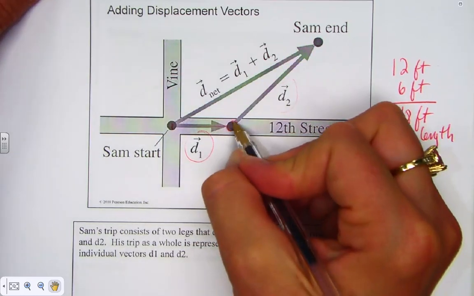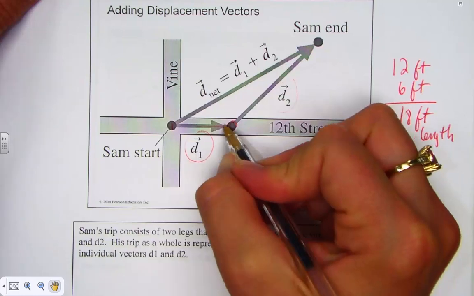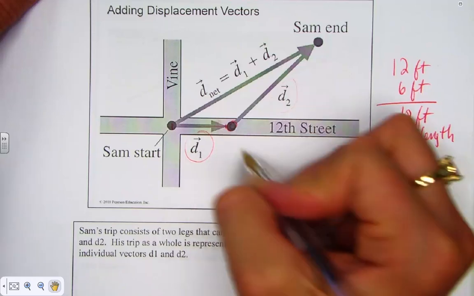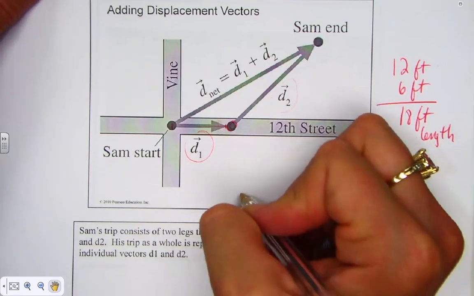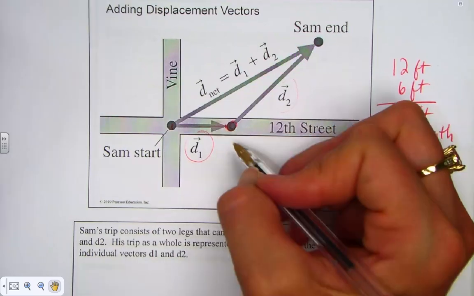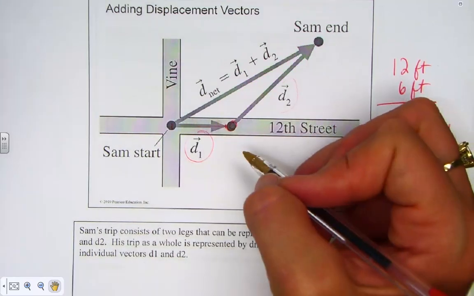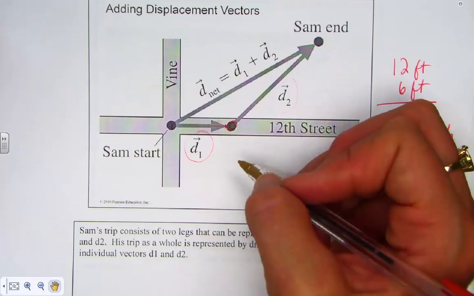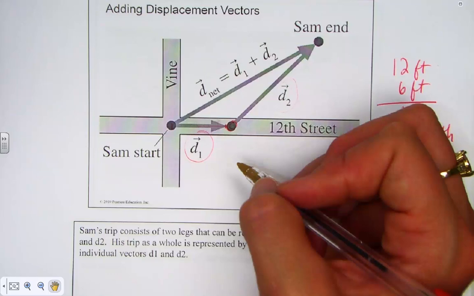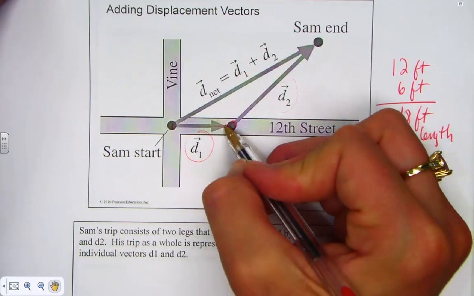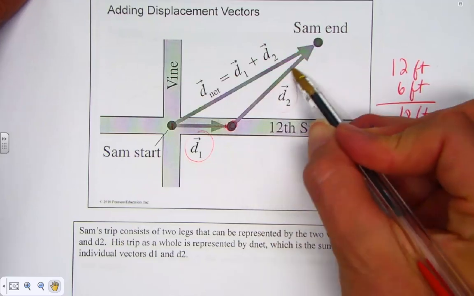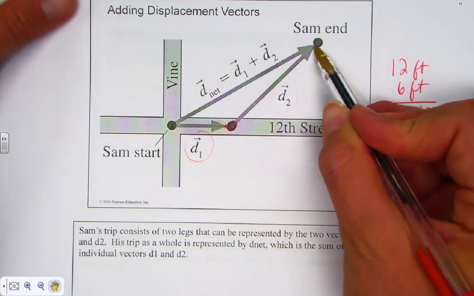The origin of one vector is placed at the head of the arrow of the last vector, tail to end, tail to end. So we're placing the tail of our second journey at the tip of our first vector quantity. The tip of the arrow, the tail of the arrow. He headed northeast for a vector quantity known as D2.